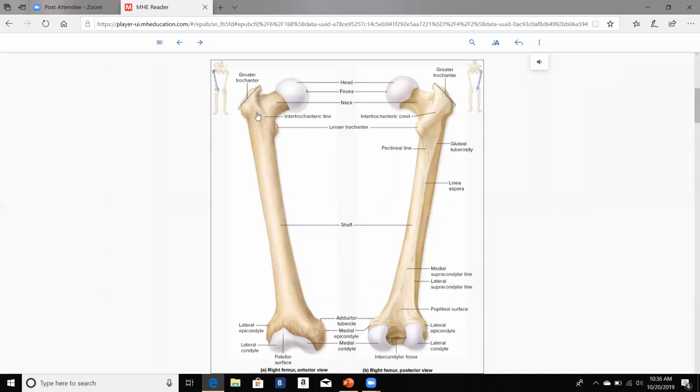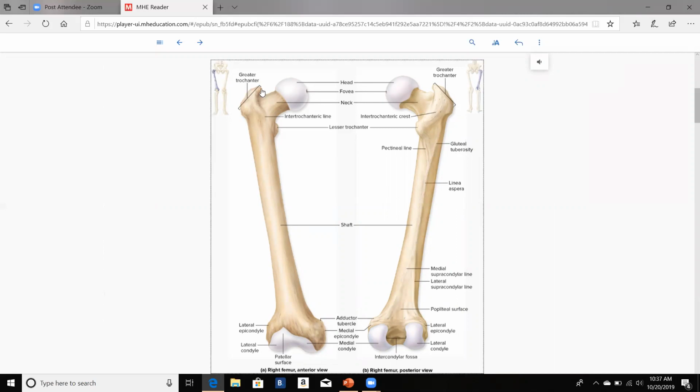Now, to know anterior from posterior, when you look at the posterior part of the femur, you'll see this ridge. The anterior part is smooth. So the key to let you know what's posterior is this linea aspera, which is this ridge. Very important structure for the attachment of the hamstrings.